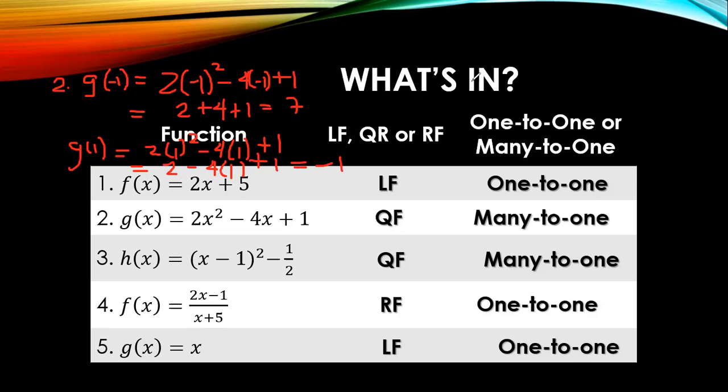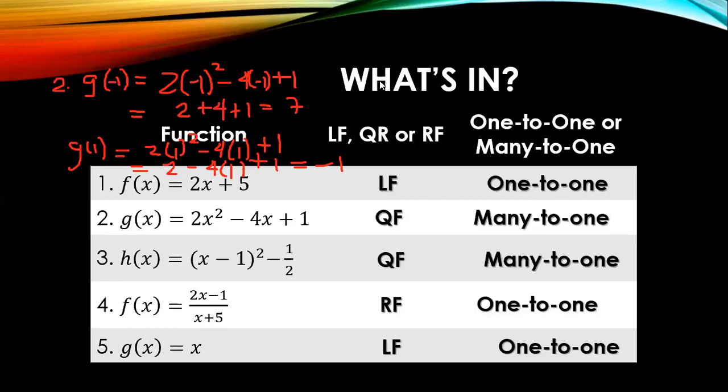But what if ang sinubstitute natin ay, for example, substitute naman natin 0 at saka 2. So, tingnan natin kung anong magiging sagot. So, g of 2 is equal to 2 times 2 squared minus 4 times 2 plus 1.